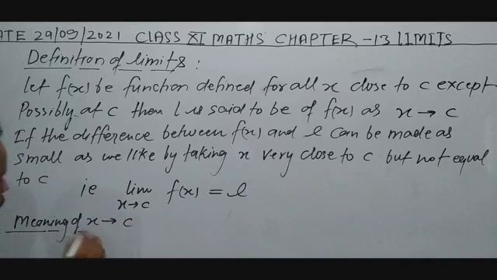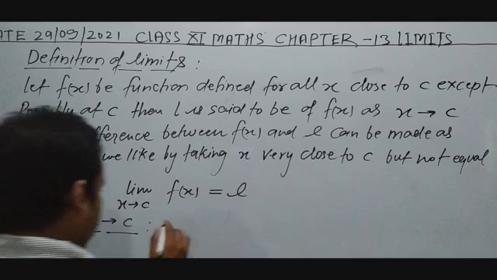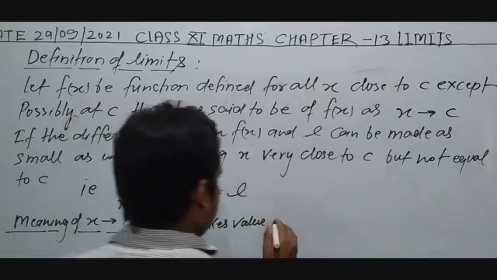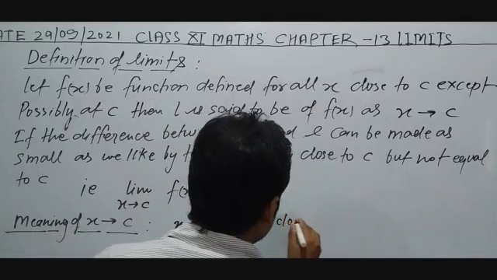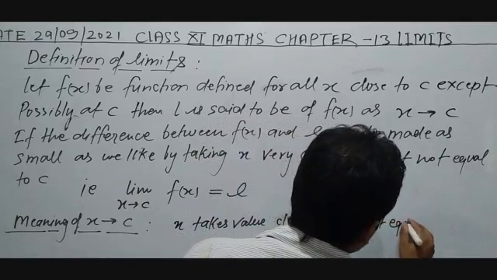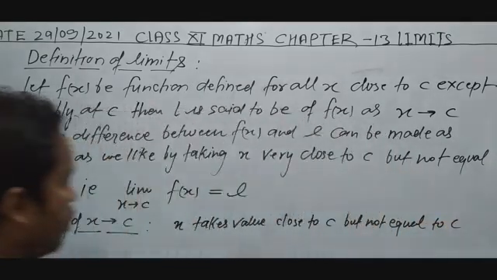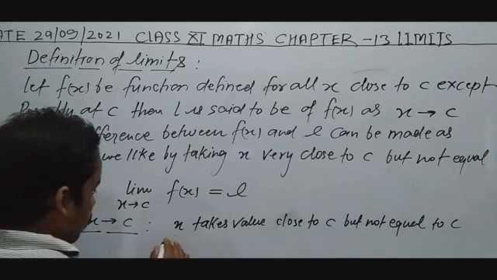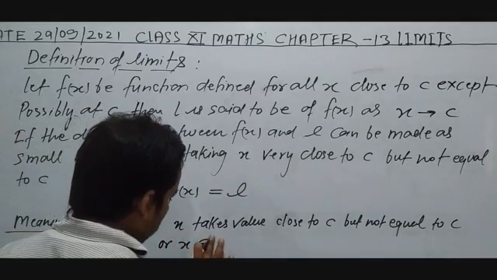It means x takes values very close to c but not equal to c, or x tends to c means x belongs to the deleted neighborhood of c.